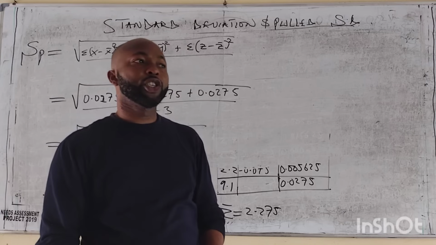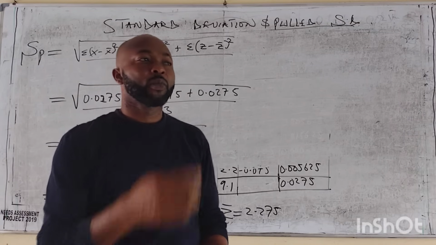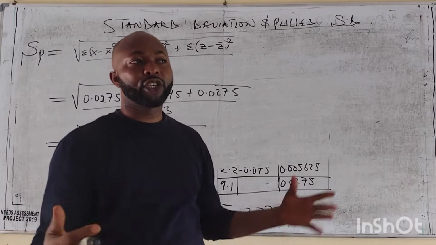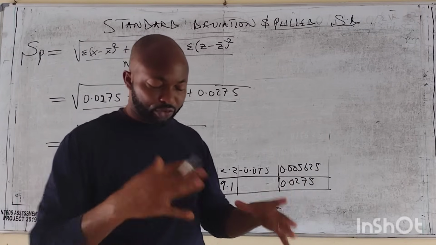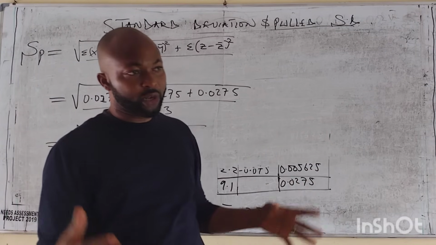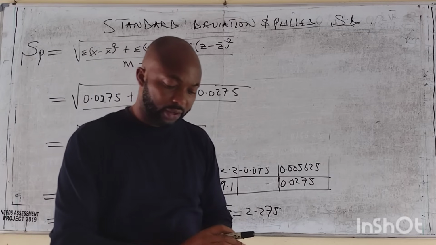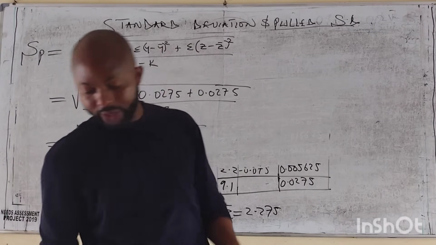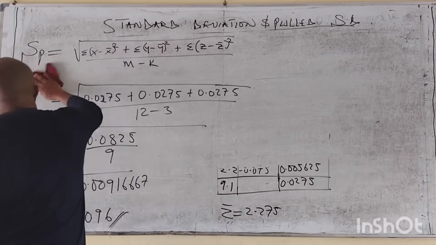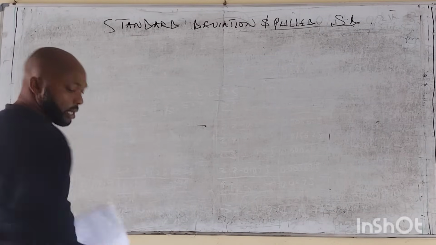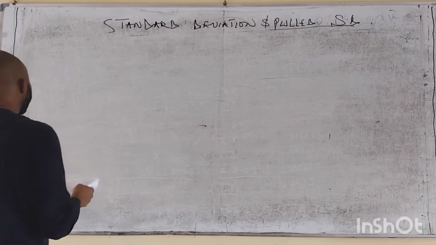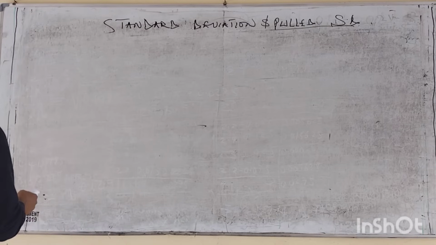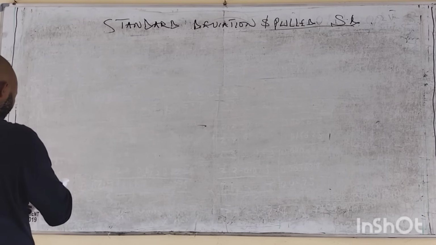All we need to do is to get the pooled standard deviation of the old method and the new method together. So let's move forward quickly. Let's call it N for new method and S for standard.